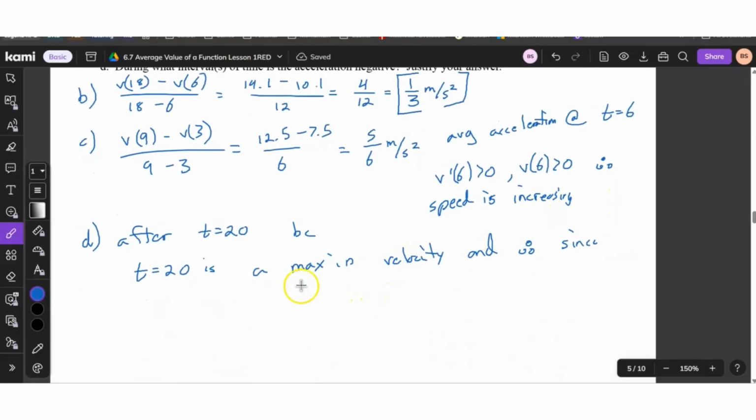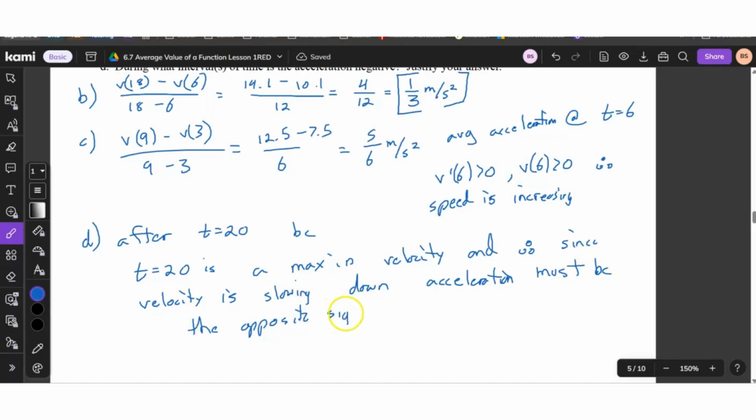And therefore, since velocity is slowing down after that, acceleration must be the opposite sign to velocity, which is negative. We have finished with 2 minutes.